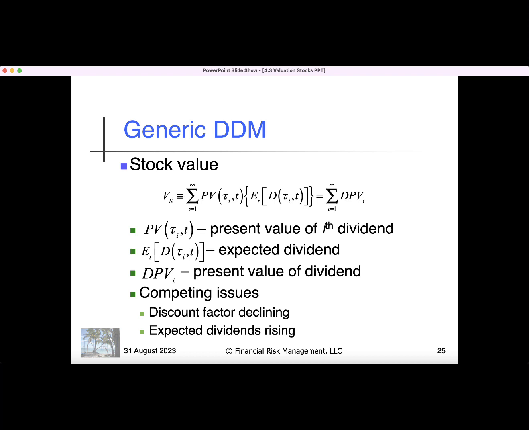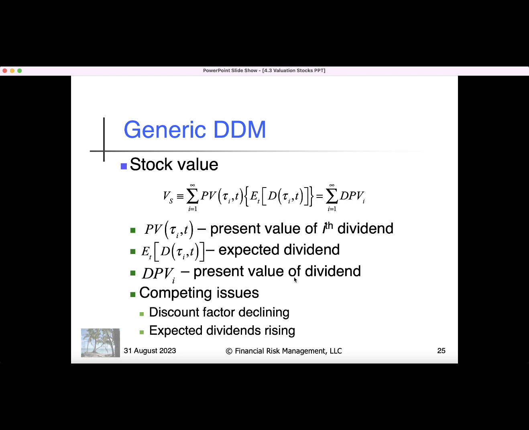Some of the competing issues: the expected dividends are rising, so you would expect these dividends to increase over time. And the discount factor, assuming positive interest rates, you'd expect the present value of dividends, or the present value of $1, to be declining over time. Hence, you've taken a declining factor times an increasing factor to come up with your valuation.